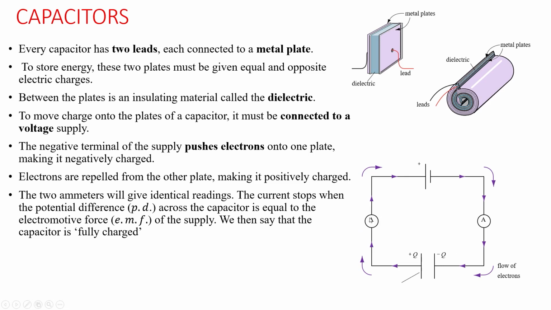So when the readings on both sides become equal, then what happens? The current will stop. The current will stop when the electromotive force of the supply becomes equal to the potential difference. Now here it is a potential difference. Potential difference will be provided here.